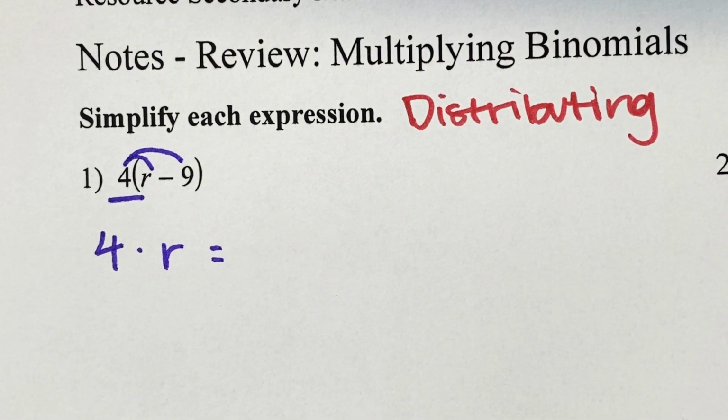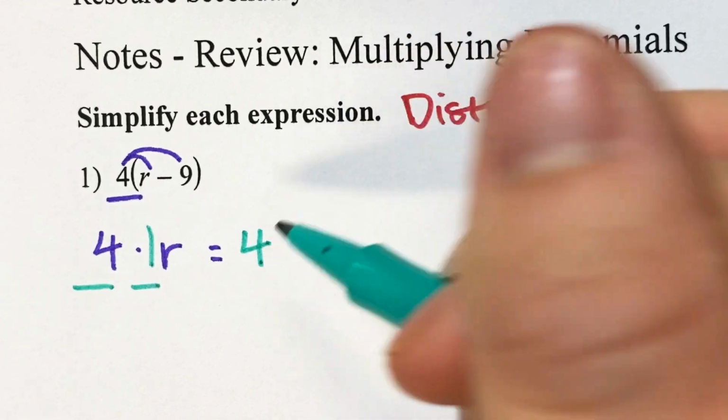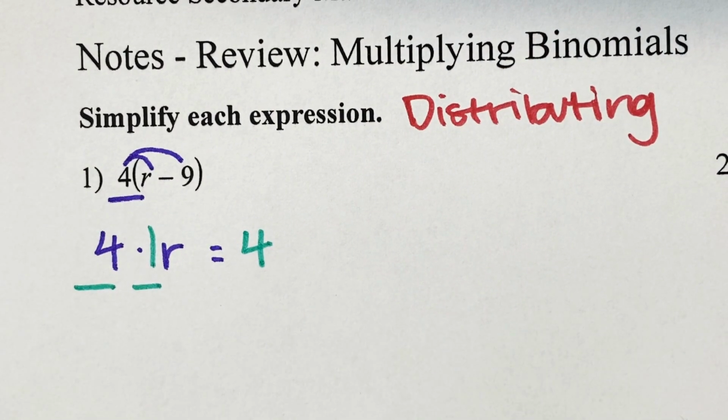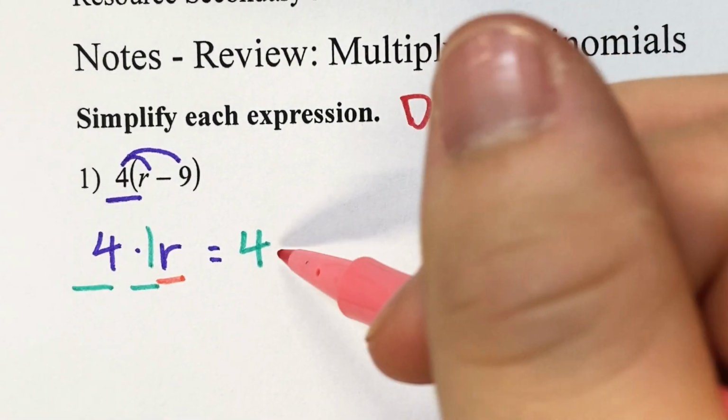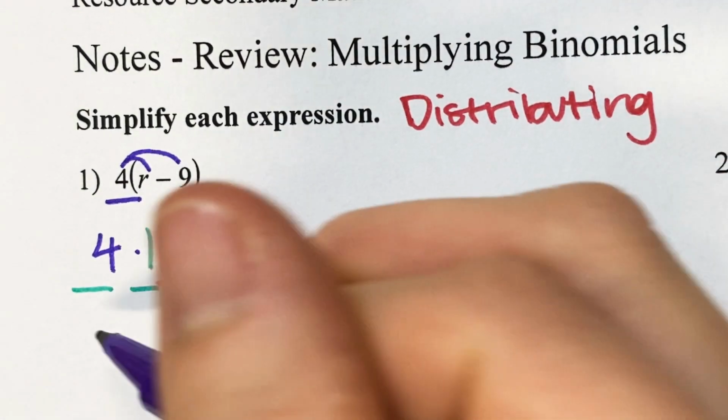Well, this is like saying 4 times 1. That's just going to give me 4, and then there was 1r being multiplied, so 4r. Well then it needs to multiply to the second piece, so 4 times -9.